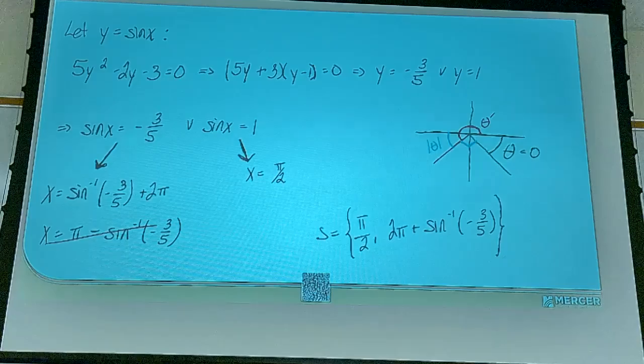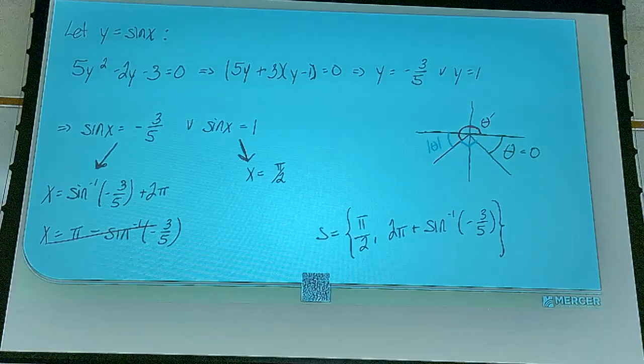And there's our two solutions. Those were not as straightforward as the ones we did last time, were they?